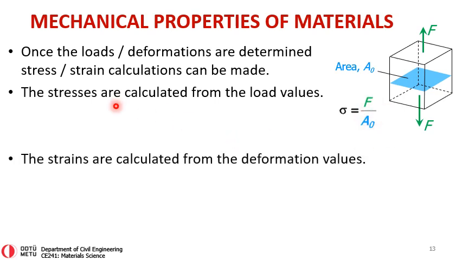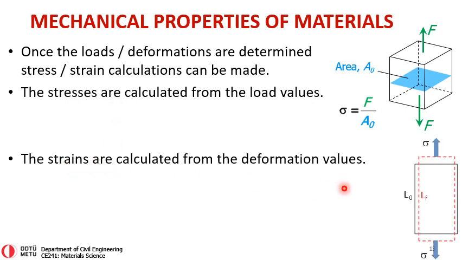Then we can also calculate the strains from the deformation values. If you remember from last week, the longitudinal strain equals the displacement divided by the original length of that rebar. So using this equation, we can calculate the strain value for each time increment.